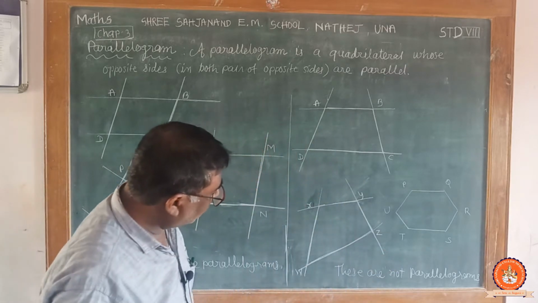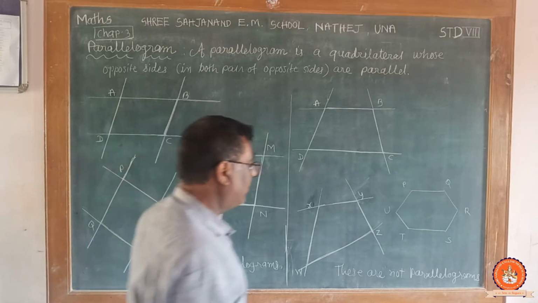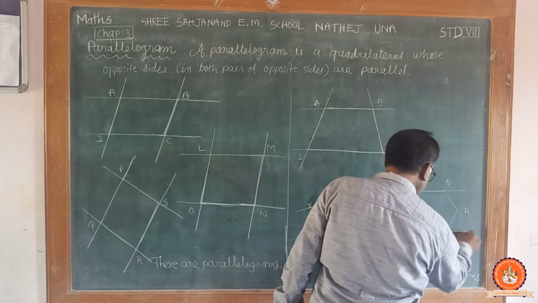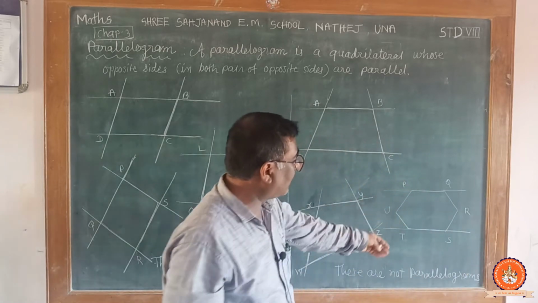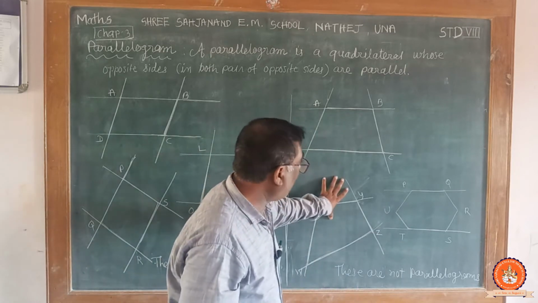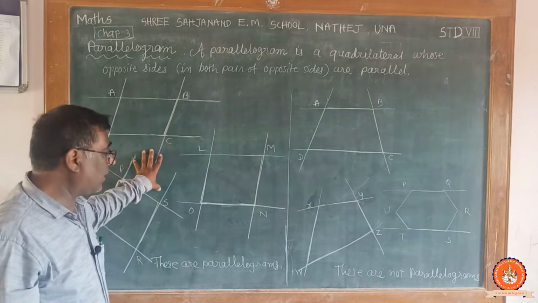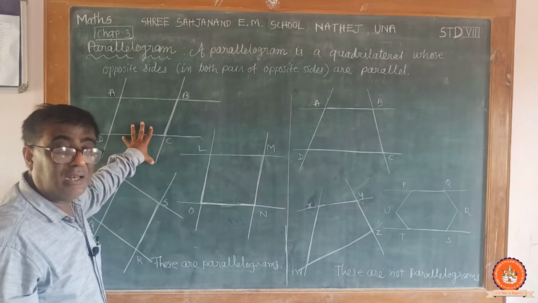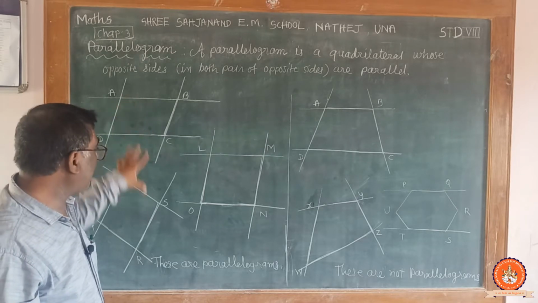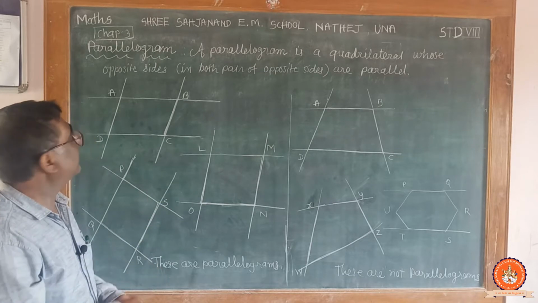Not a single pair of opposite sides is parallel. Look at it here. It seems to be parallel, but my friend, this is not a quadrilateral. This one is a hexagon. So these are not parallelograms. And these are parallelograms because they are quadrilaterals in which both pairs of opposite sides are parallel to each other. Okay, very good.